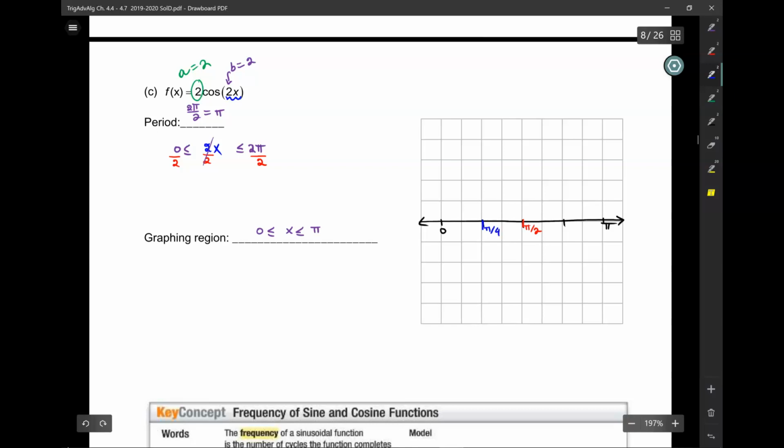And then pi over 2 to pi, that point is 3 pi over 4. Okay, now look at my function. It's 2 cosine 2x. My amplitude is 2. That means I'm not going to start at 0 because it's cosine, but I'm also not going to start at 1. I start at 2, go to 0, -2, 0, 2.